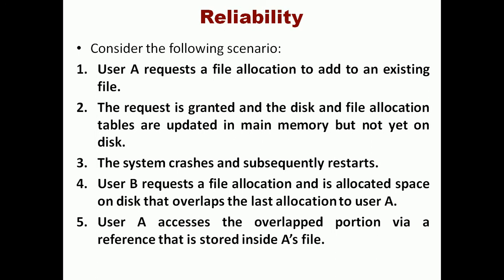The system crashes and subsequently restarts. User B requests a file allocation and is allocated space on disk that overlaps the last allocation to user A. Now user A accesses the overlapped portion via a reference that is stored inside A's file.